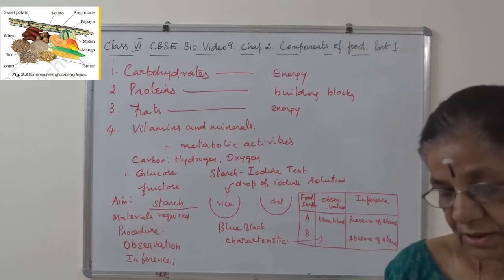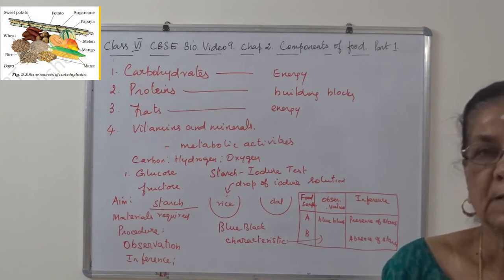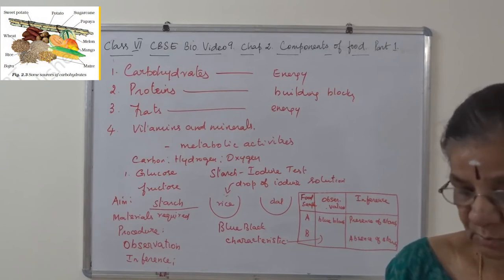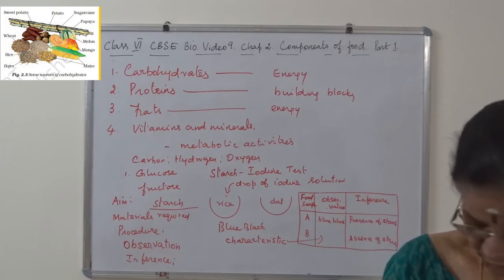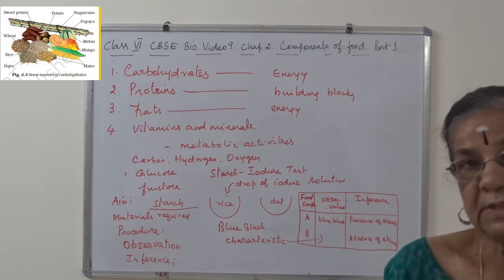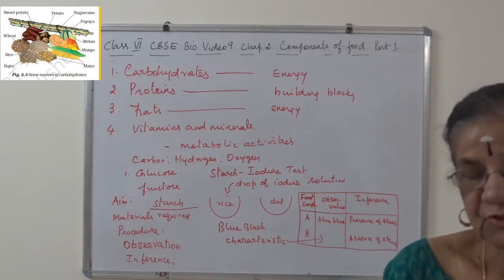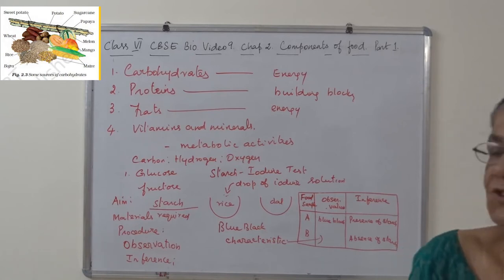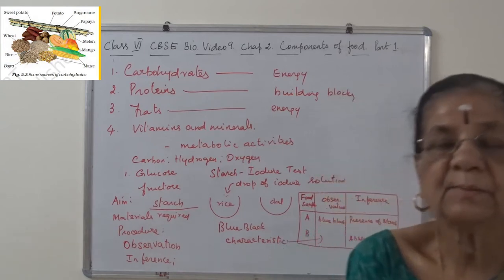The ingredients contain some components that are needed by our body, and these components are called nutrients. Page 8 and 9 in our textbook. I hope I am clear. These components, nutrients, form the major nutrients: carbohydrates, proteins, fats, vitamins and minerals.